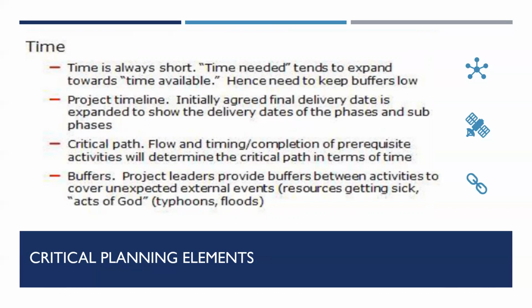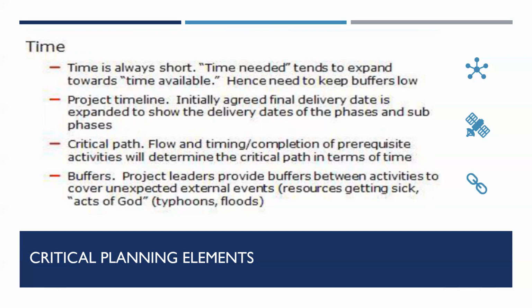So make sure when you create a plan, make sure that the time is enough, not too much, not too little. Sometimes there should be a little leeway in case of emergencies within a certain project or within certain deliverables. Okay, because we do not know the fortuitous events that might happen. Okay, project timeline.